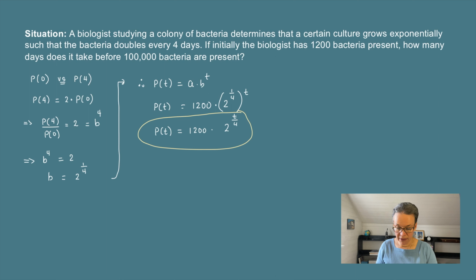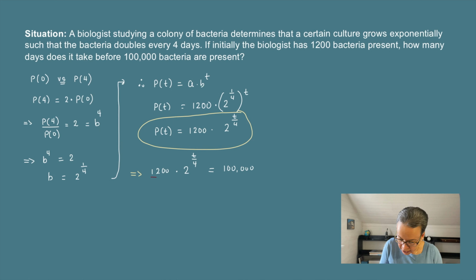Now that I have the model, I think I can solve the question. How many days does it take before 100,000 bacteria are present? So just as before, we set the value of the function equal to 100,000 and then we solve for t. So we're going to have here that 1,200 times 2 to the t over 4 is going to be equal to 100,000, just like that.